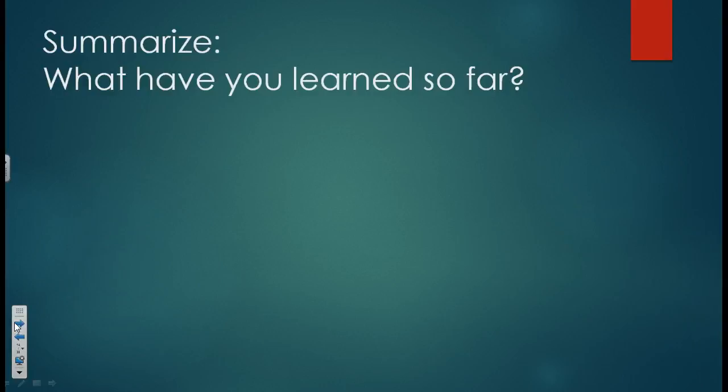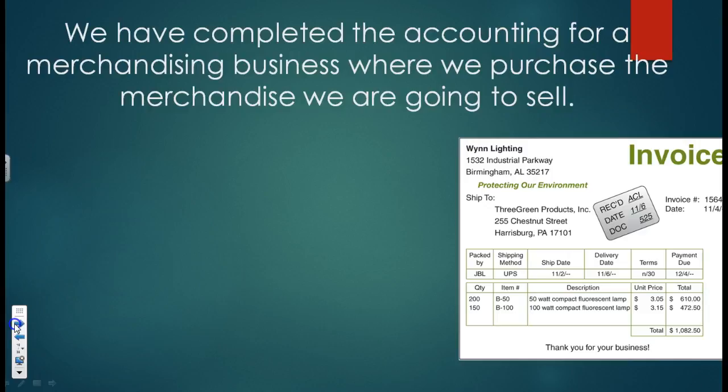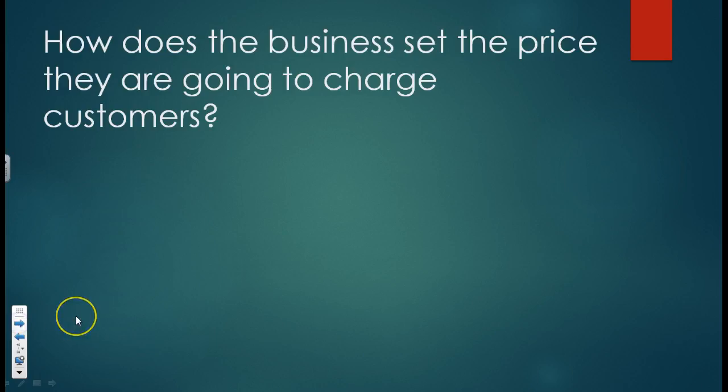Now I want you to summarize what you've learned so far. Now that we've completed the accounting for a merchandising business when we purchase inventory so that we can sell it, how does a business then set the price of the item that we're selling to the public, to the customer?